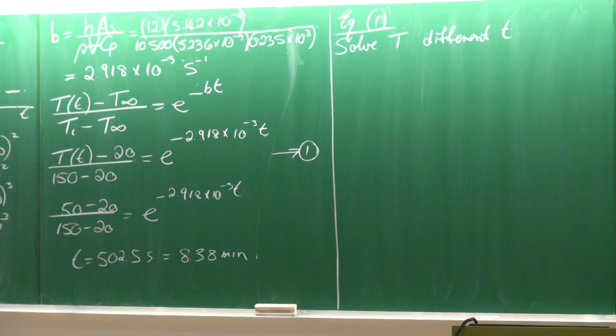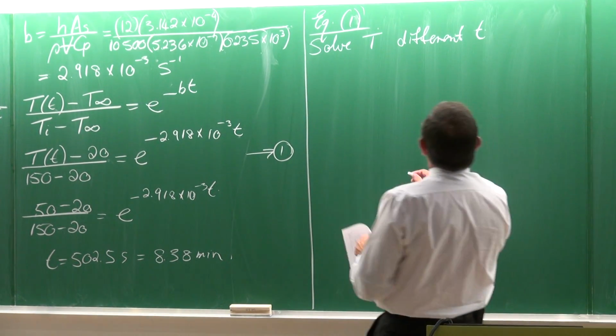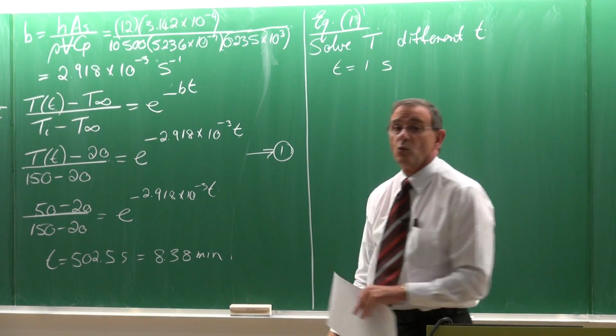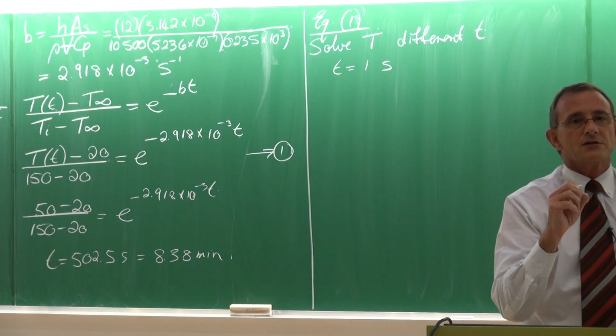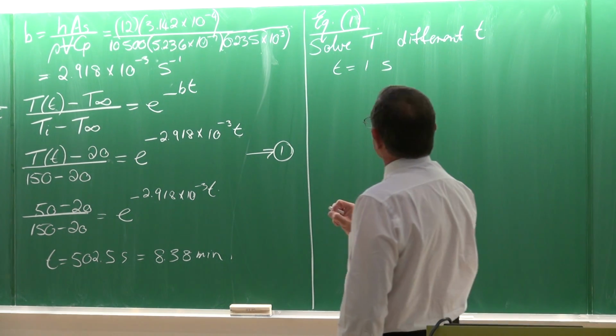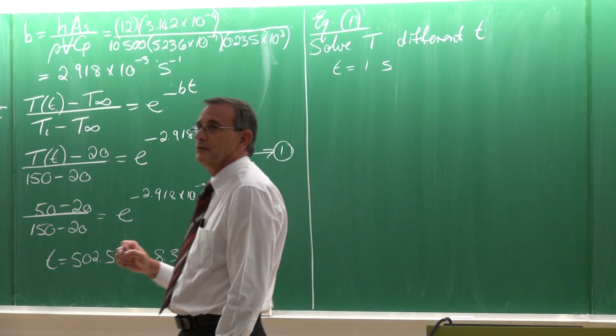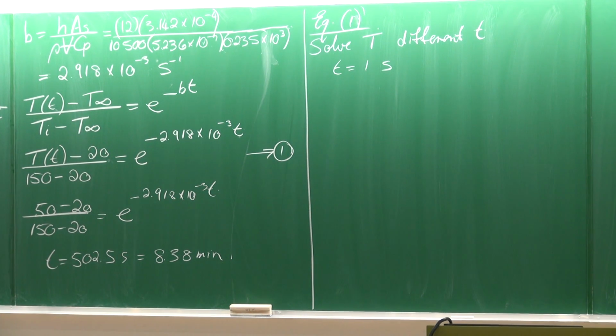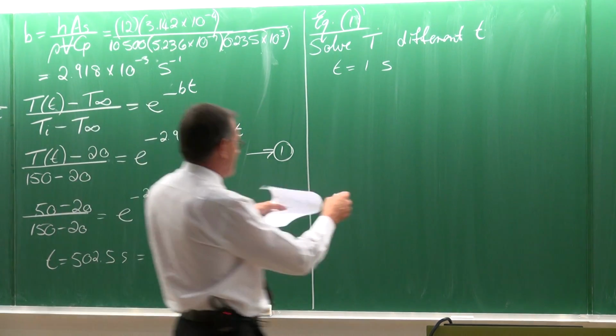So let's suppose we want to know what the temperature is after 1 second. So 1 second after we've taken out that sphere, what would the temperature be? Anybody like to take a guess? Nobody? You're not brave enough yet, I see.